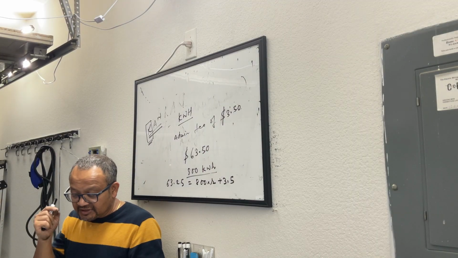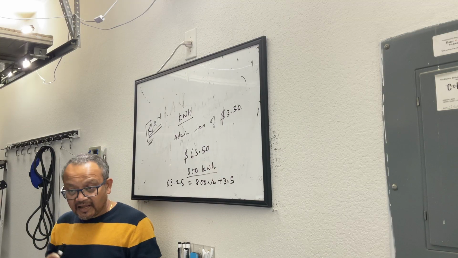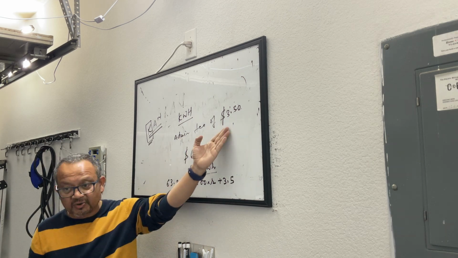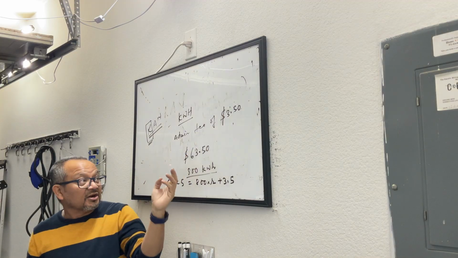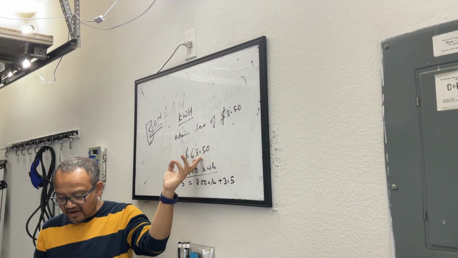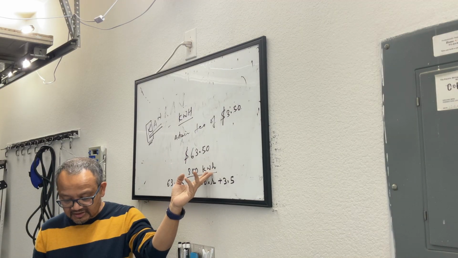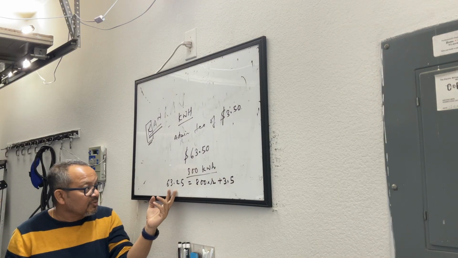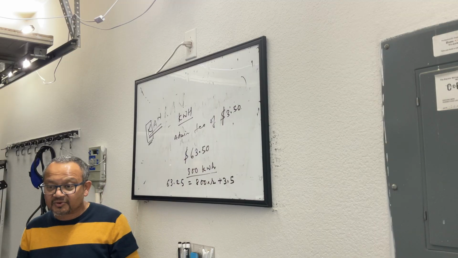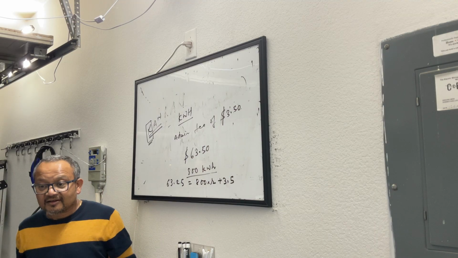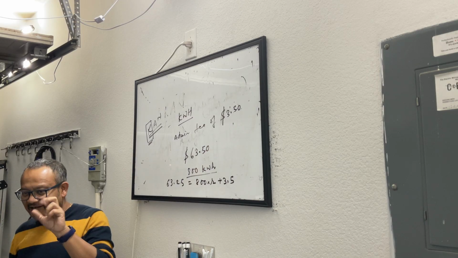An electric company charges a certain rate per kilowatt hour of electricity used and an administrative fee of $3.5. The company charged Zhao $63.5 for using 800 kilowatt hours of electricity. Zhao used this equation 63.25 equal to 800 times R plus 3.5. What does R represent? I get the question, I just don't know how to solve it. You are very close to giving me the answer. You are just not exploring that aspect of the question.